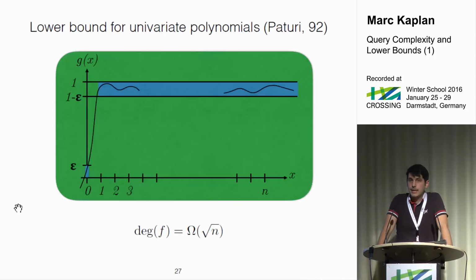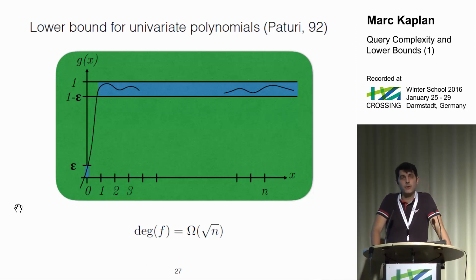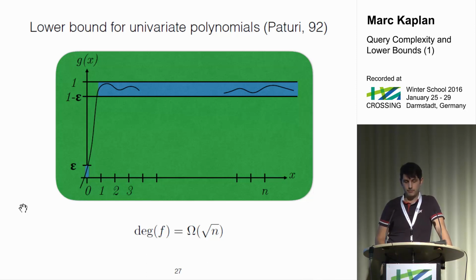Okay, and now the second step of the lower bound for the OR function was given also by a previously known theorem that was proven by Paturi, which proves the following. Suppose you have this function, where I represented this univariate polynomial.